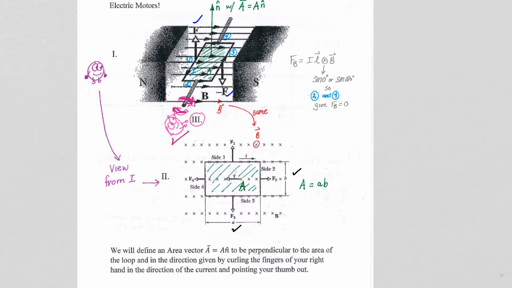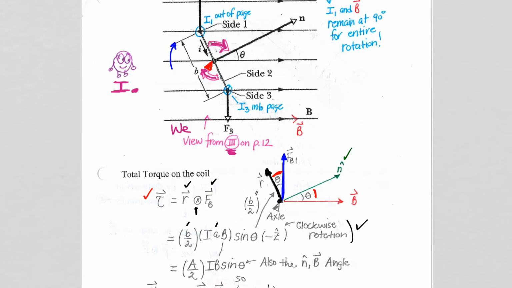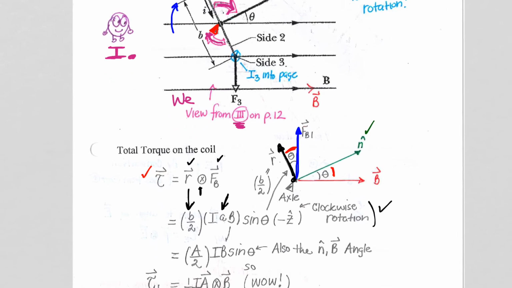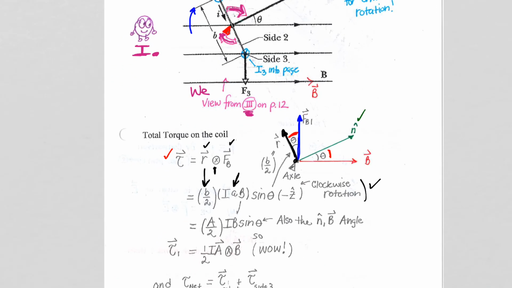The axle runs through the middle of b, that is why we have R is b on 2, and a is the length of the coil that has the current I running in it. And that is an interesting thing to have in our R cross F equation.